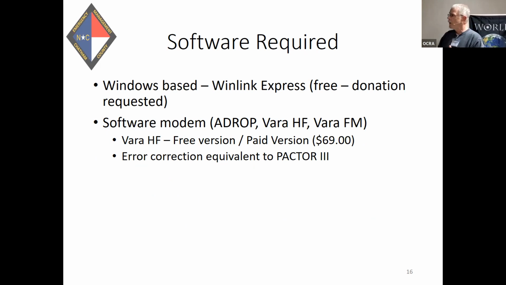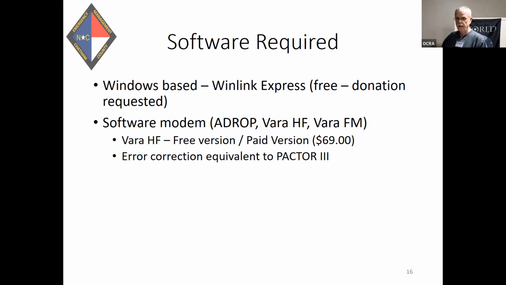There are two software modems. RDOP is built into VARA and into WinLink Express. It works. It's slow. VARA HF or VARA FM. VARA has a paid version and a free version, and they have it for HF and FM.